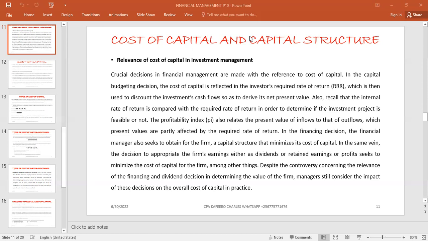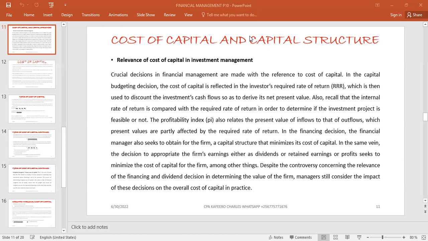Like the payback period, it doesn't consider the required rate of return. But the net present value, profitability index, and the internal rate of return are the discounted methods we use when we are evaluating the profitability of the business.